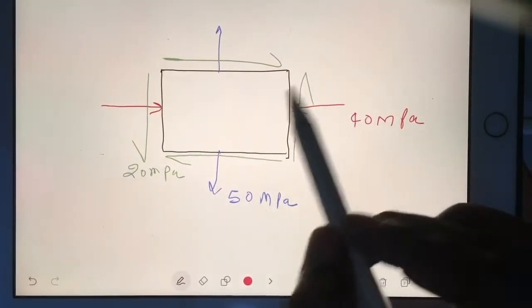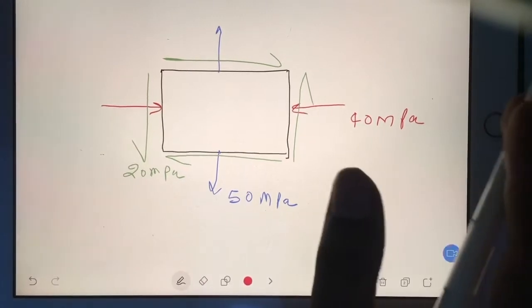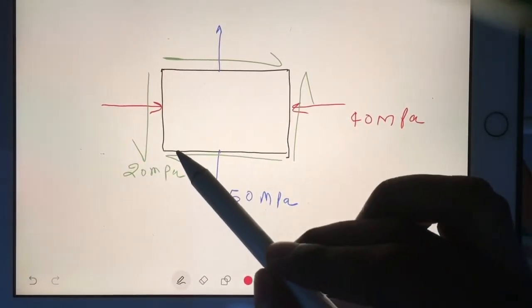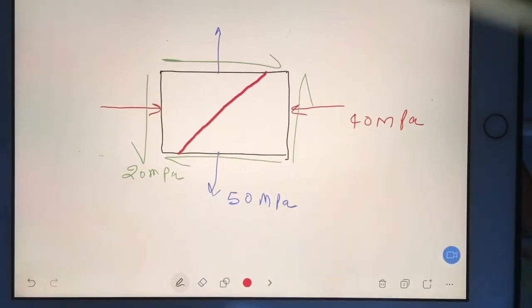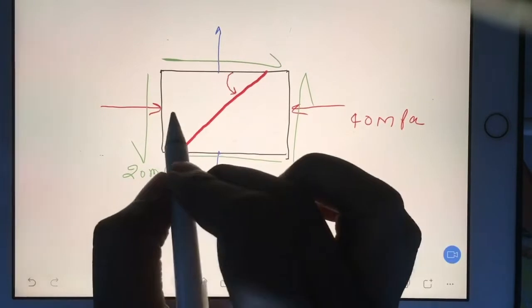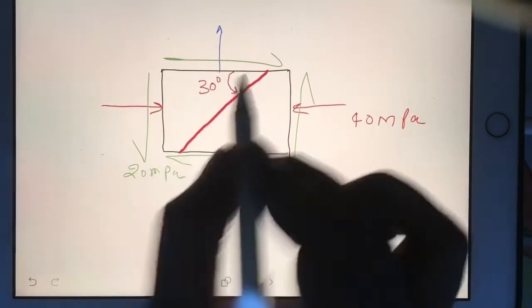Now in this we are considering an oblique plane, or you can say inclined plane. So suppose the inclined plane is like this, and now I am giving you this angle as 30 degrees.